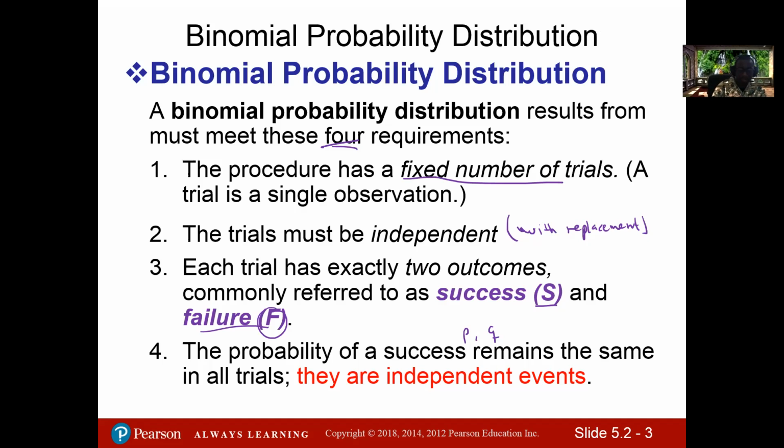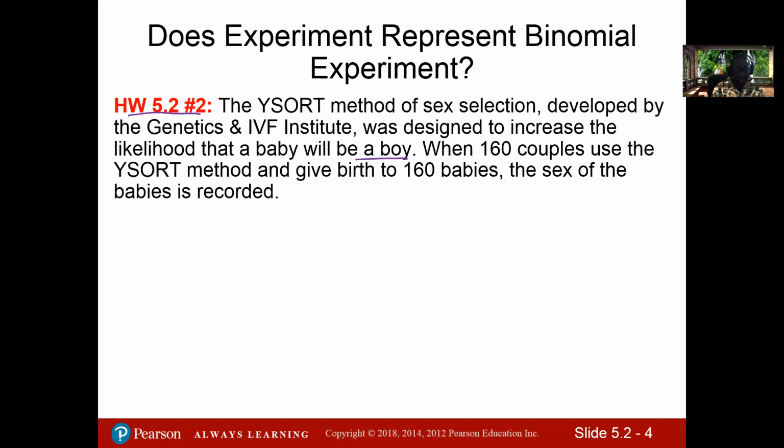And the probability of success remains the same because the events are independent. So from this, what's the first requirement? It has a fixed number of trials. Now there's a procedure, it has what?